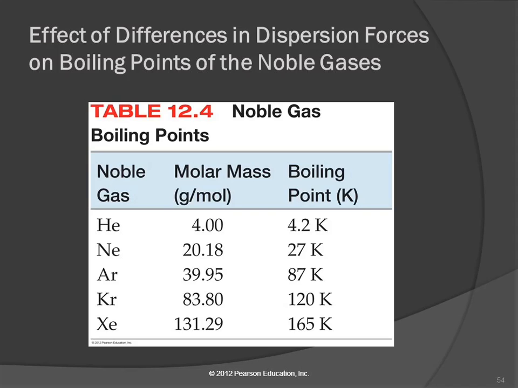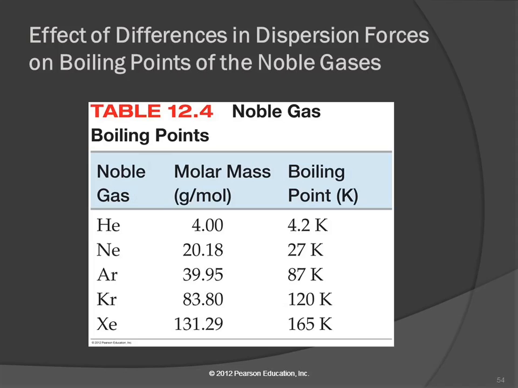So if the molecules are really stuck together, they're going to have to move and have a lot more energy to get away. Higher energy is higher temperature. So strong forces, high boiling point. That's important to remember. Weak forces, low boiling point. Just a little bit of energy and they fly off.